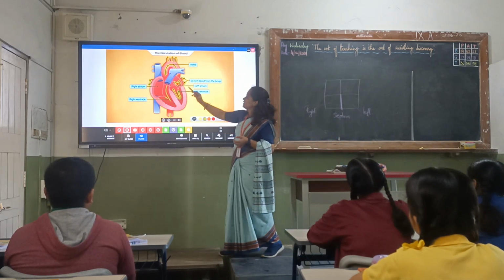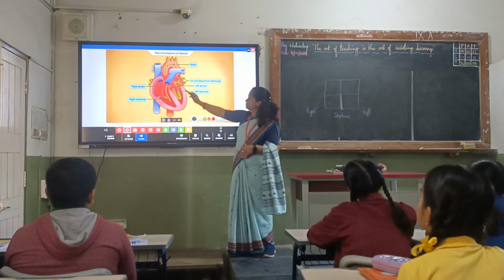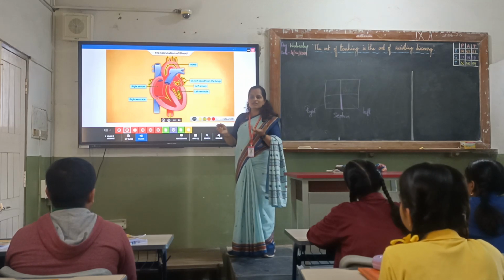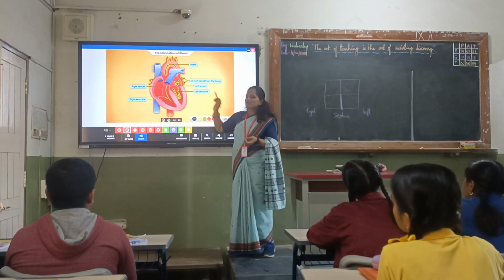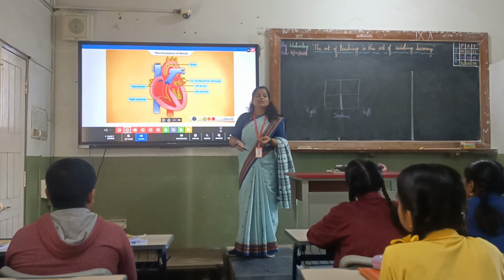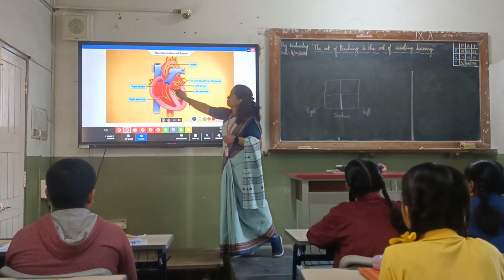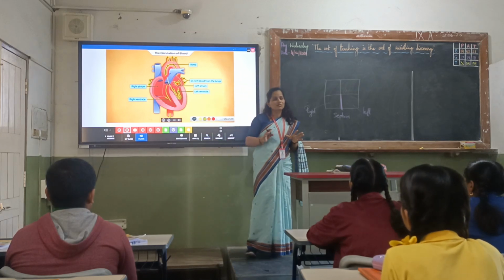Then that blood through the pulmonary vein enters into the left atrium. It relaxes. Then when it contracts, the blood flows to the left ventricle. Then the left ventricle contracts, and through the aorta the blood is transported to each and every cell of the body.